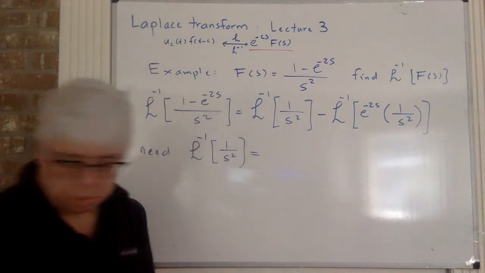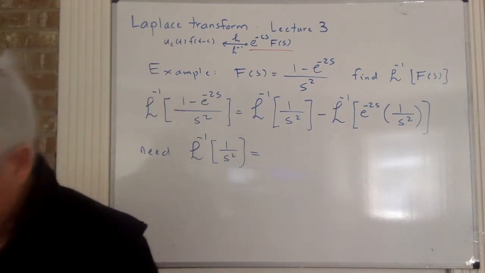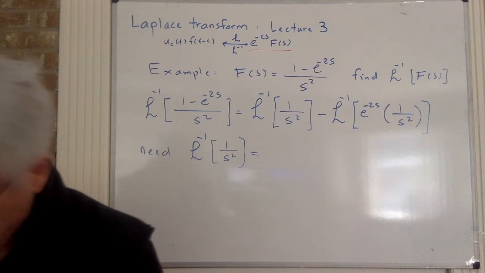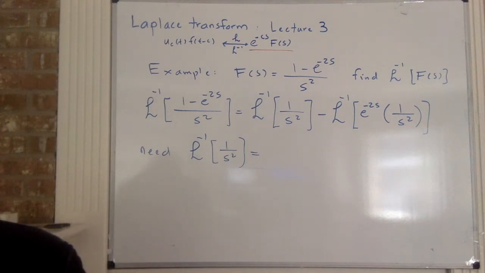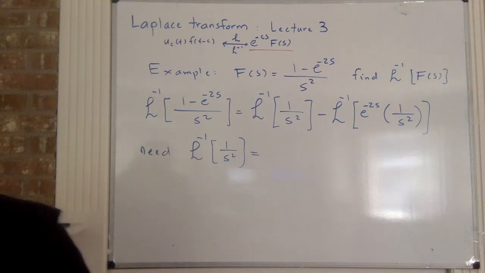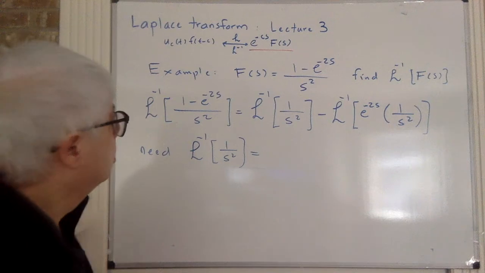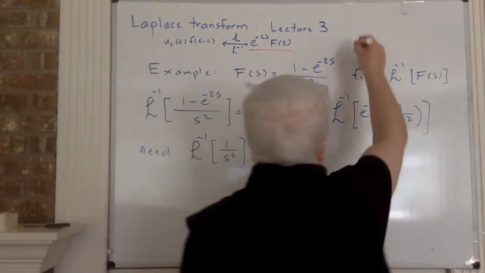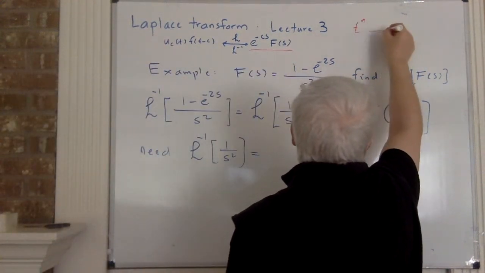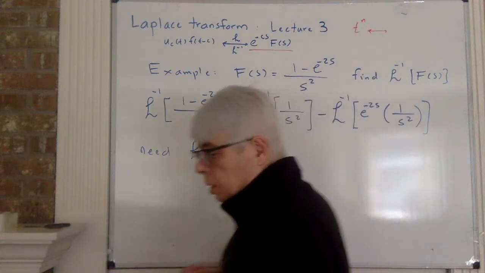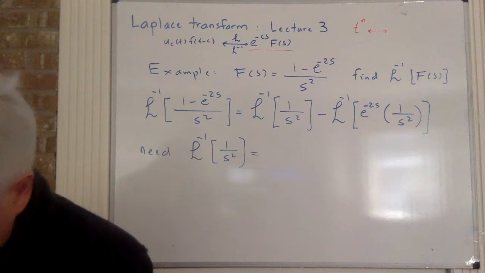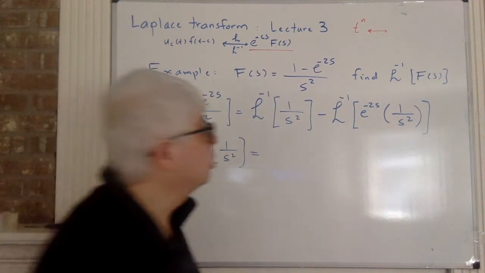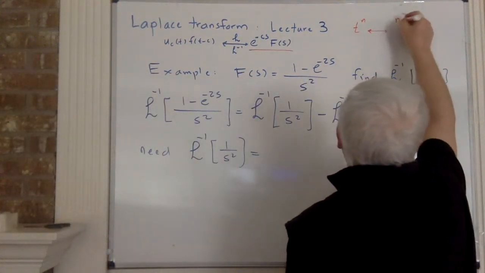Okay, let's look at the table, and 1 over s to some power. So we have to find this. Let's write this. It says that t to the power n will be n factorial over s to the n plus 1.